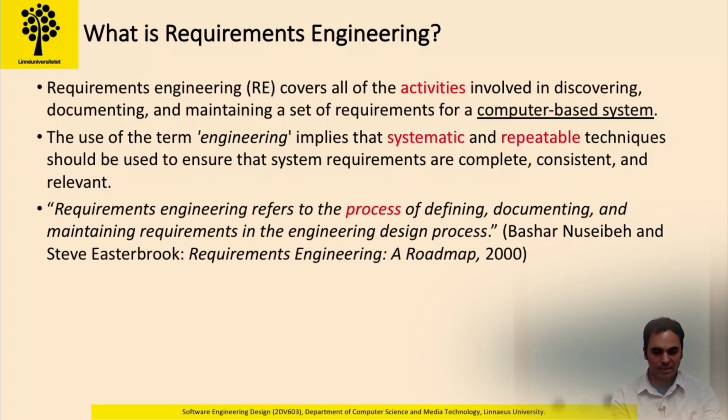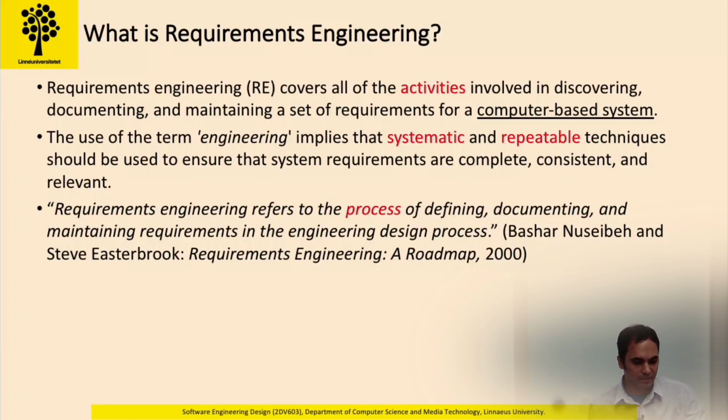So there is this very strong, I would say standard, definition by Bosch and Steve in their book back in 2000. So it's a fairly 18-year-old definition. This is one of the first definitions of requirements engineering. It defines requirements engineering as the process of defining, documenting, and maintaining requirements in software engineering design.